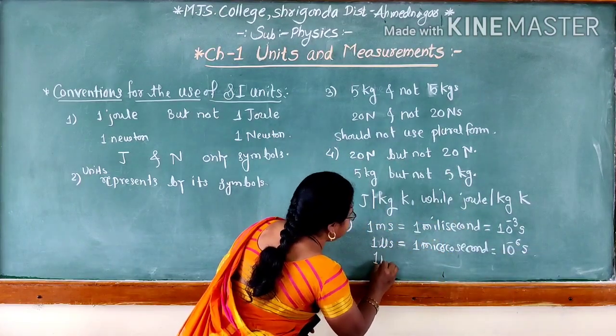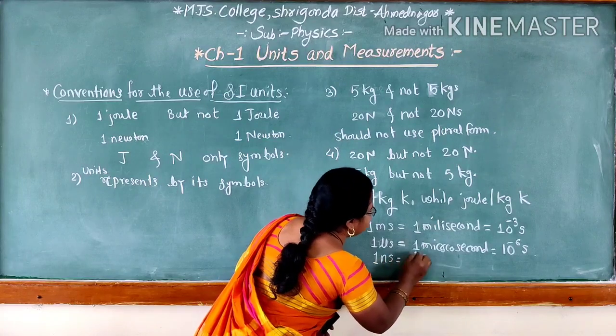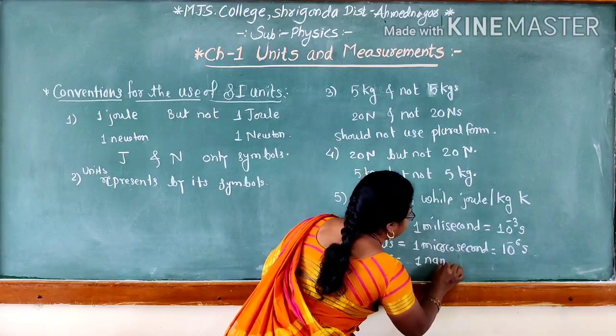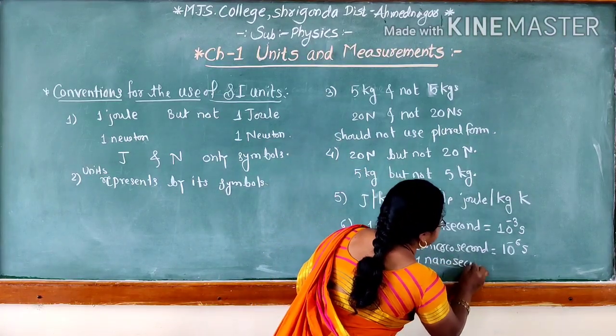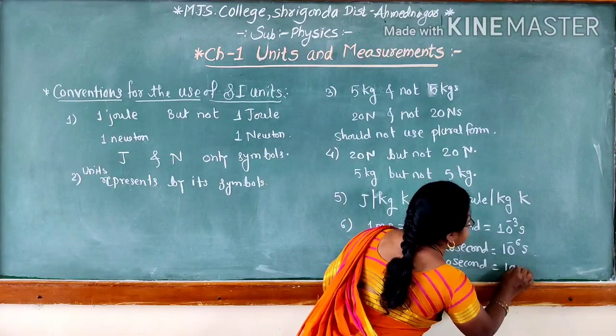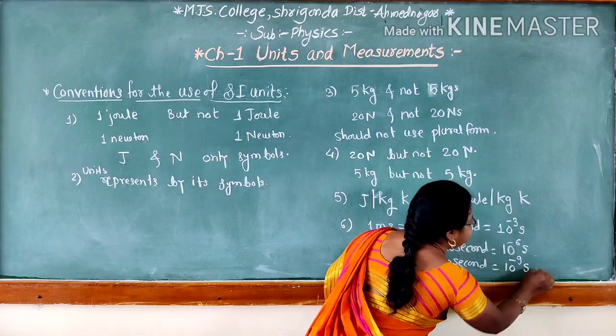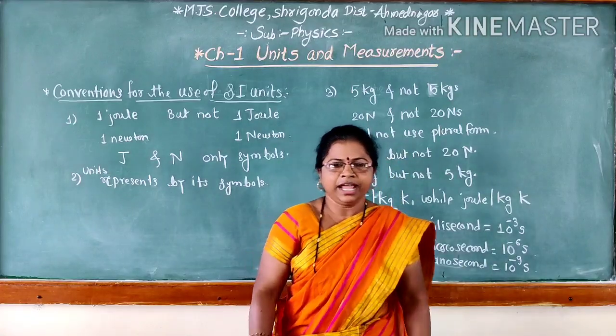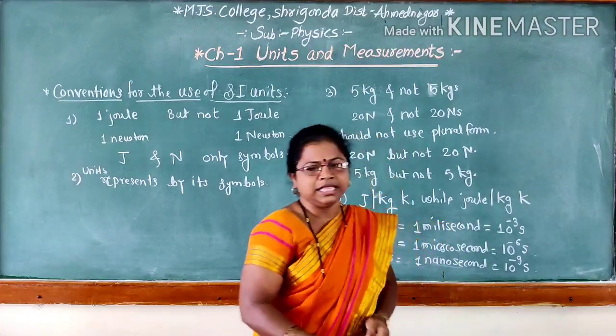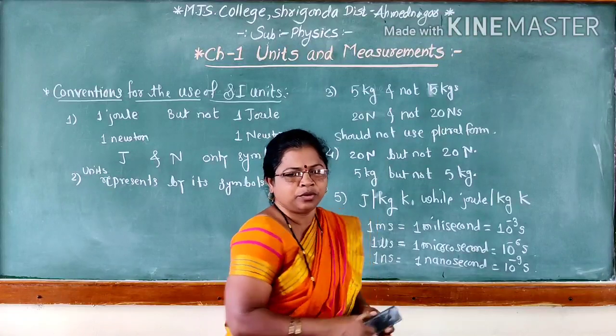Then 1 nanosecond is equal to 10 raised to minus 9 second. But we do not write it in the other way.